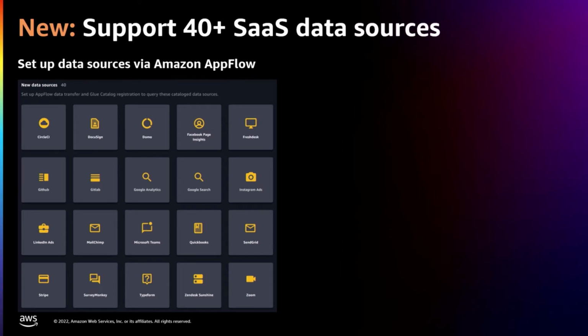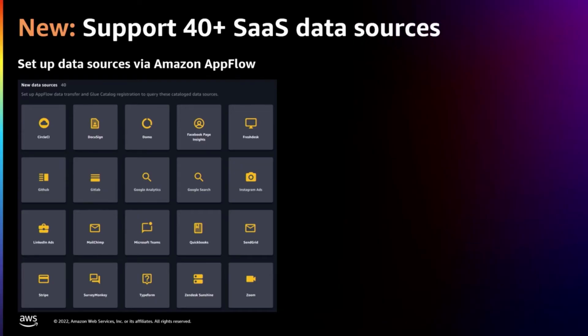Data Wrangler now supports over 40 third-party applications as data sources for machine learning using Amazon AppFlow. For those of you who are not familiar with Amazon AppFlow, it is a data transfer service that enables you to map data from third-party applications like Salesforce, Google Ads, LinkedIn, and many more, into an S3 or a Redshift database.